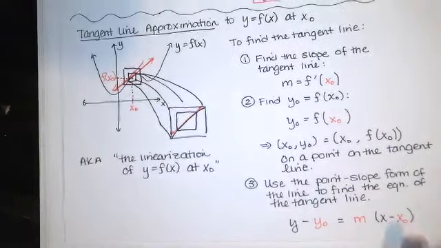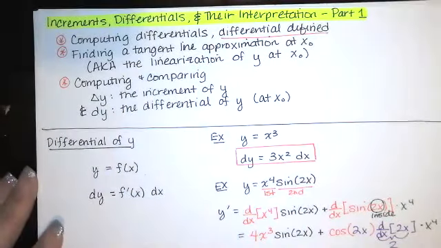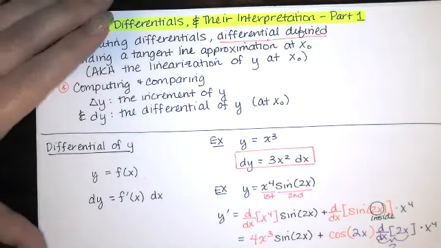So that's the idea. So let's compute a tangent line approximation for a particular function and then find the linearization of y equals f of x at x equals x naught.